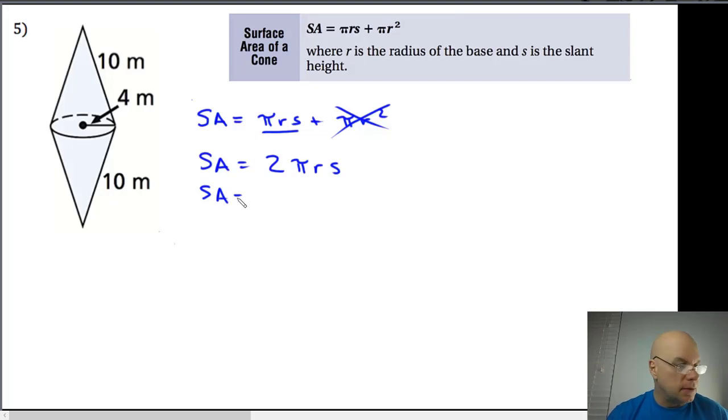I'm going to say approximately, because pi is 3.14. 2 times 3.14 multiplied by the radius, which is given. You see it goes from the center to the edge, so that 4 is the radius.